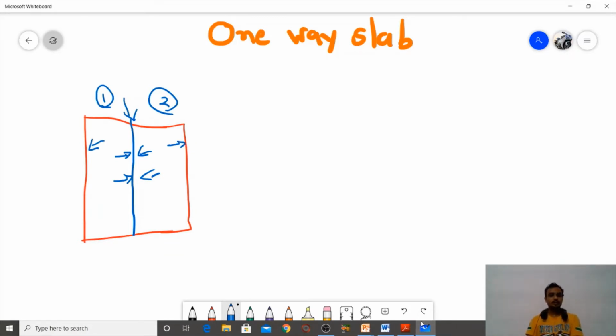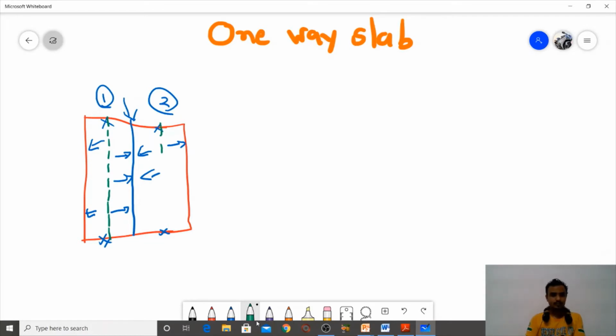On the one-way continuous slab we have only slab load, and we transfer it only to two beams. This beam does not carry a load. So how do we calculate this?